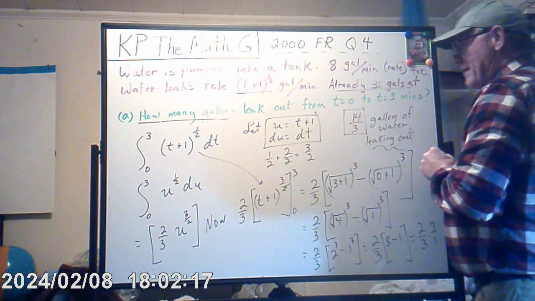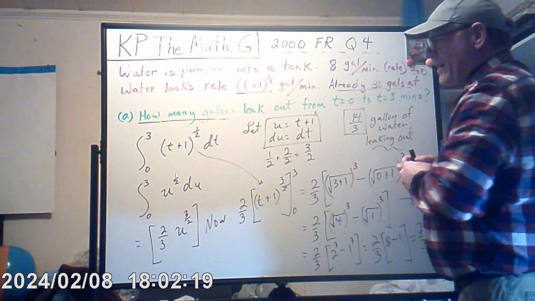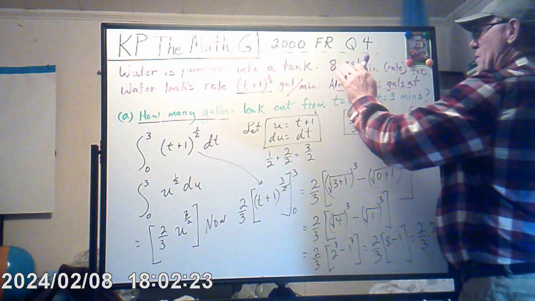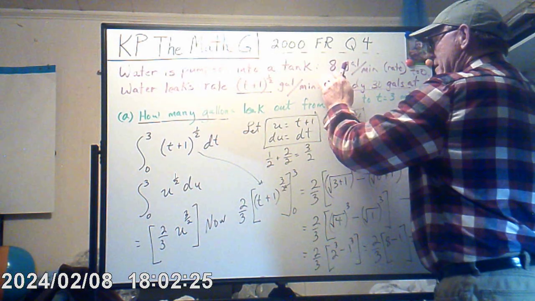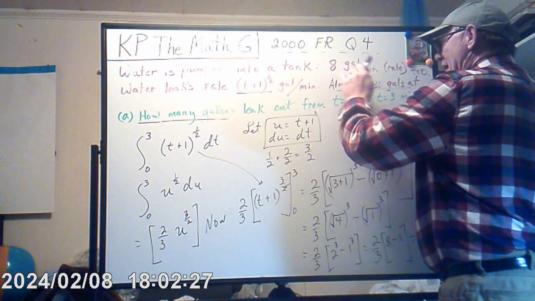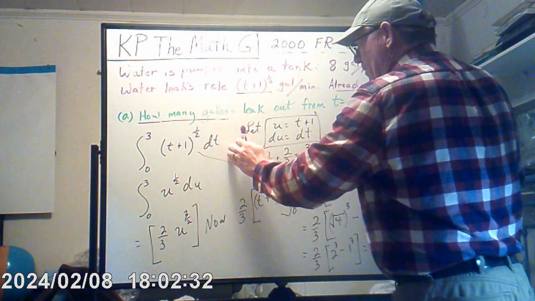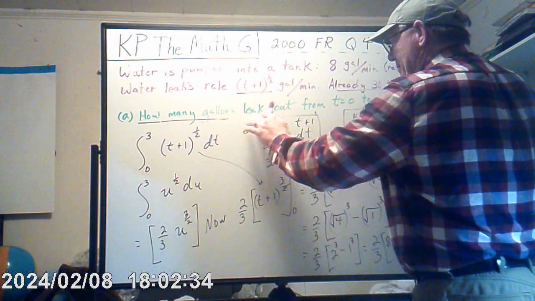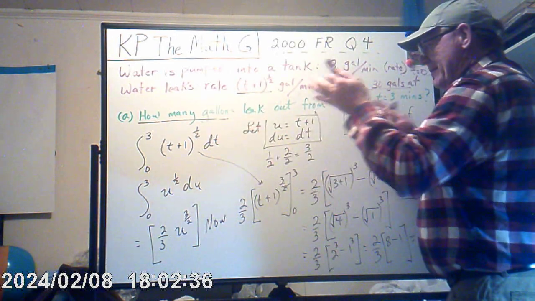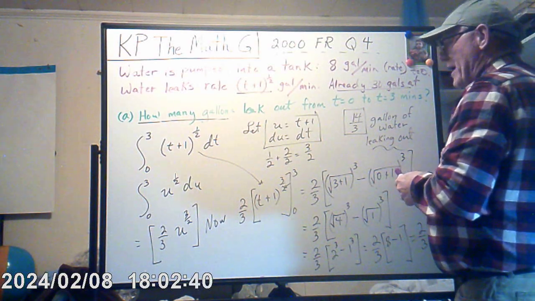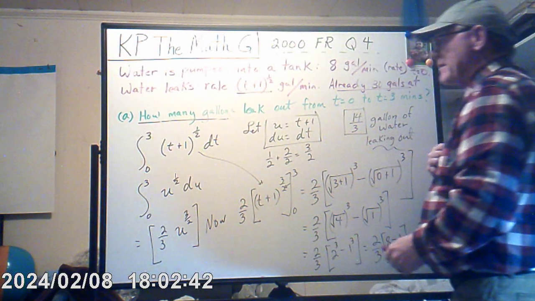Already 30 gallons. Keep that in mind as we look at other problems. So, pumped into the tank, 8 gallons per minute. We didn't have to worry about that because the first part was leaked out. How many gallons leaked out? So that's what we figured here.